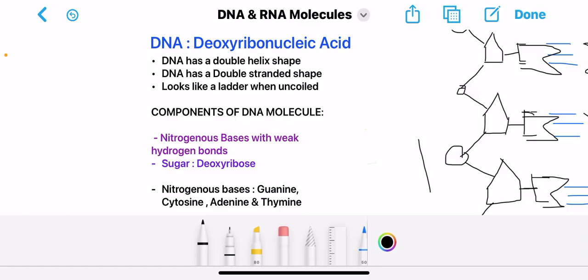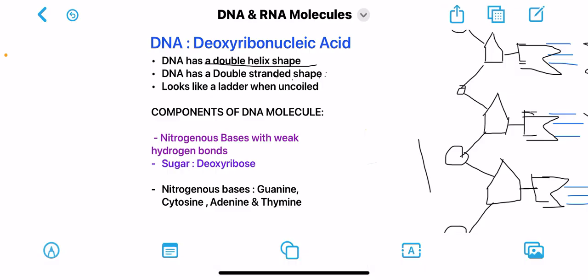These things that I tell you here, the examiner is going to ask you in the exam question paper. Now, the DNA has a double helix shape. A double helix shape. And it is what? Double-stranded. It has a double-stranded structure.